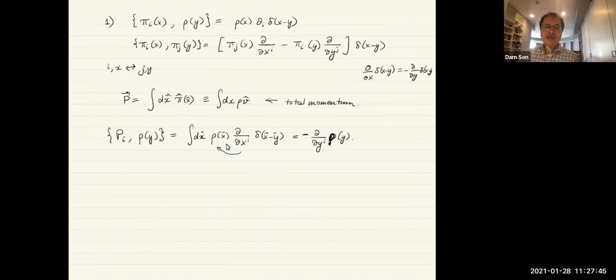One already knows some fact about quantum field theory that should look familiar. The word attached to this formula is that the total momentum is the generator of translation.